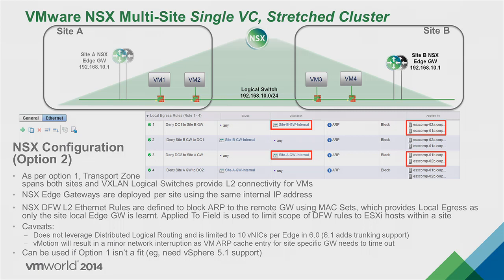But one of the other reasons why option 1 is preferred is that if you migrate a virtual machine from one site to another, there will be a minor network interruption because you'll need to relearn the MAC address of the other site's gateway. So option 1 is preferred. The reason you might use this option is if you needed to support vSphere 5.1, for example, where you couldn't leverage distributed logical routing. That's all.